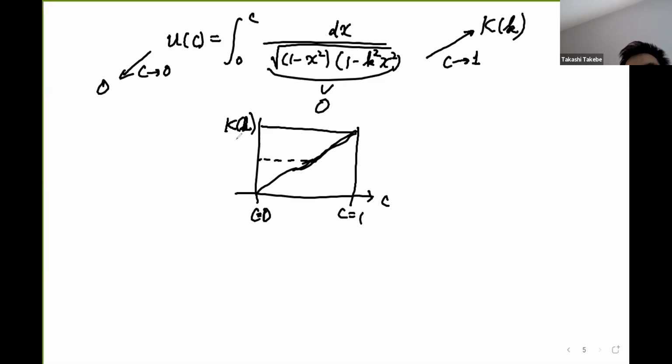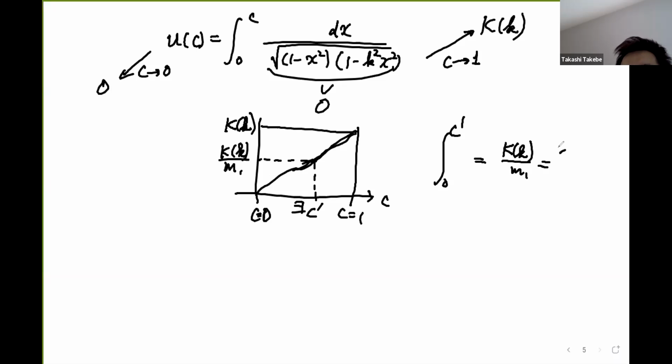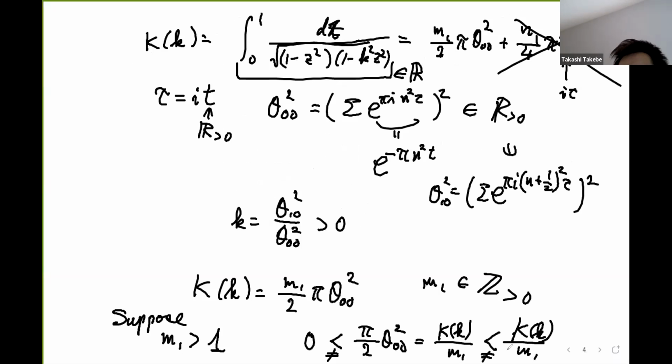And so by the intermediate value theorem, there is some number c prime where this integral function is equal to this value.